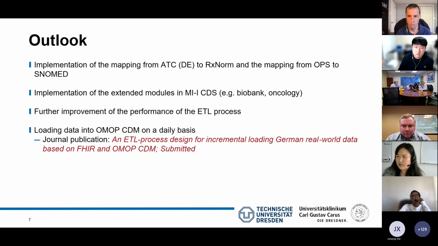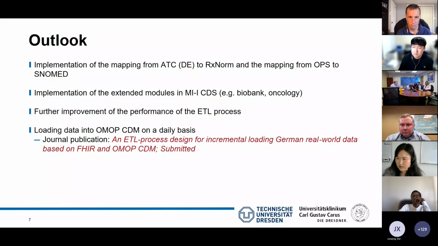Until now, our ETL process transforms only the basic modules from the MII CDS, which will be extended to transform the extended modules from this data set, such as the biobank or oncology data. The performance of the ETL process is still quite an important issue, which will be improved in the future.